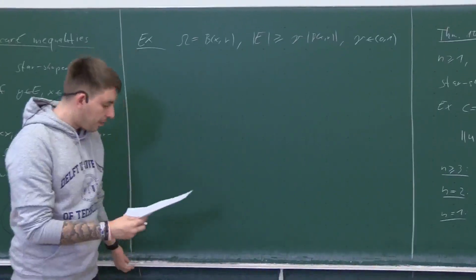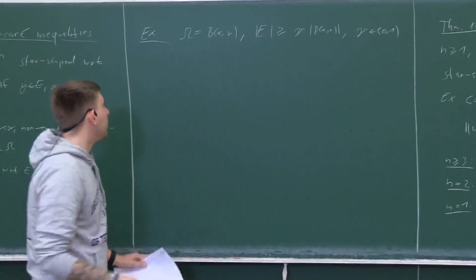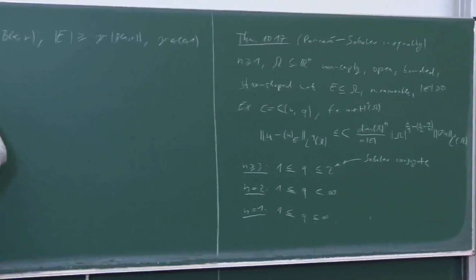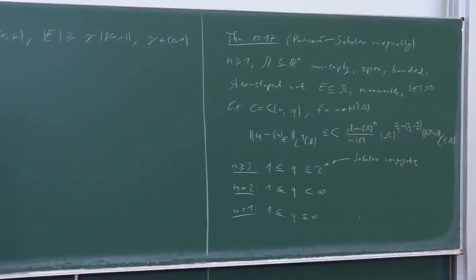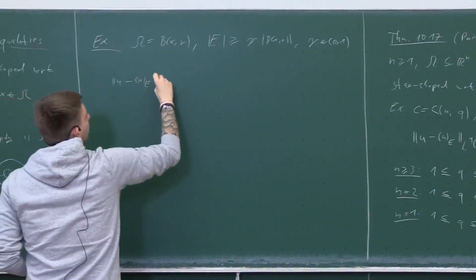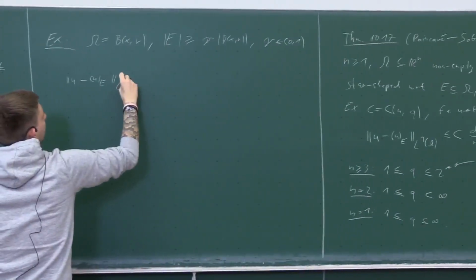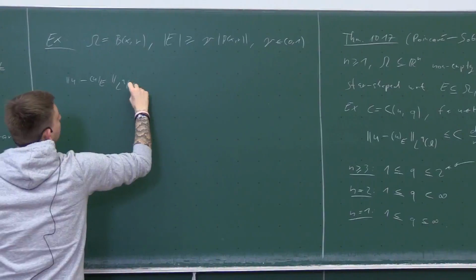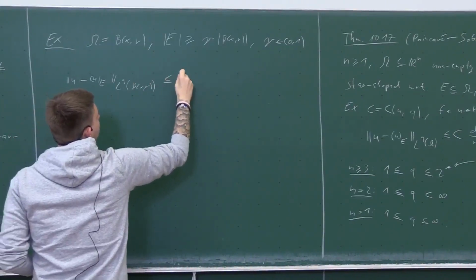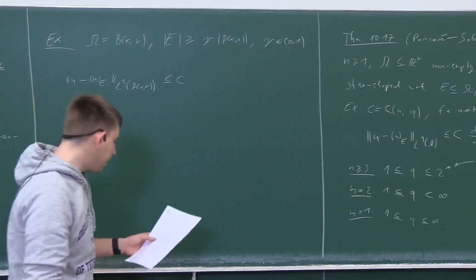Okay, so if we have this, what happens then? This part I can just copy. U minus the average value of U in LQ norm of B(x,R) is then estimated by a constant.